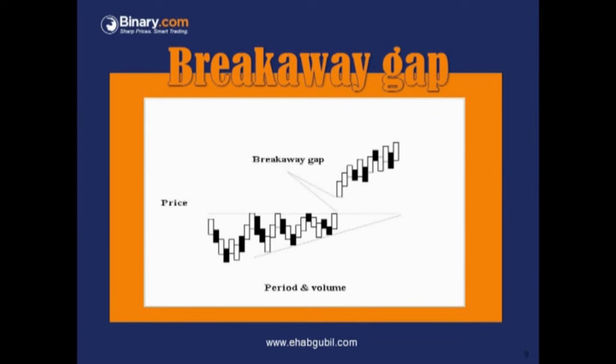A strong breakaway gap out of a period of consolidation is considered to be much stronger than a non-gap move out. The gap gives an indication of a large increase in sentiment in the direction of the gap, which will likely last for some time, leading to an extended move.